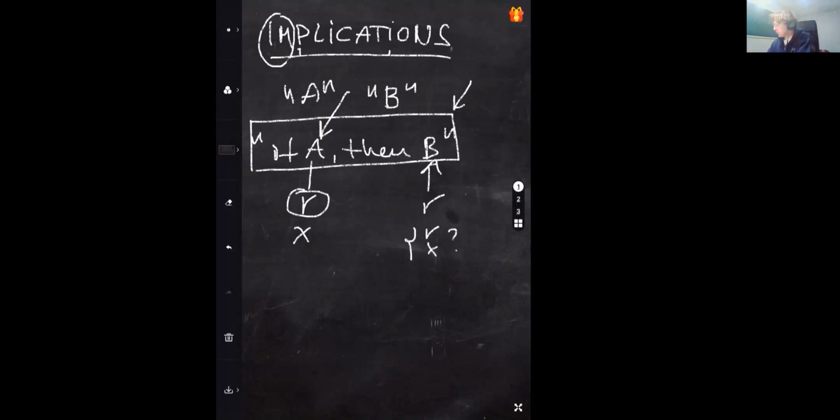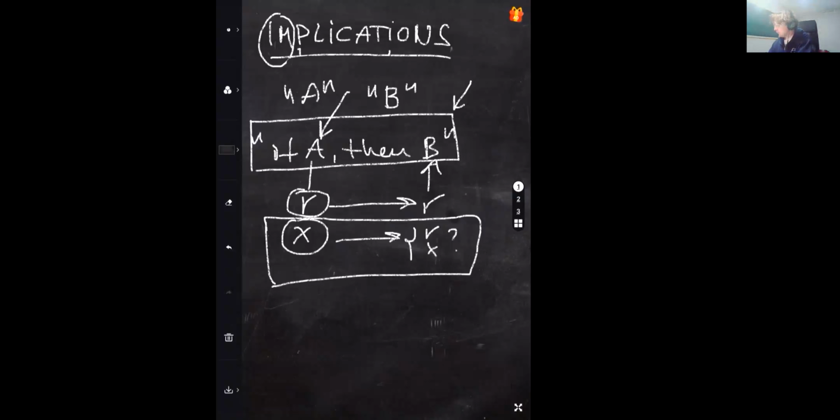If A is true, you are fine. But if A is false, then you don't have any idea about B. In that case, we say that the statement is empty, or if you want, vacuous, like a vacuum cleaner or the vacuum, right?